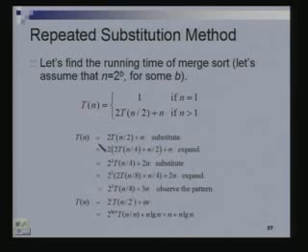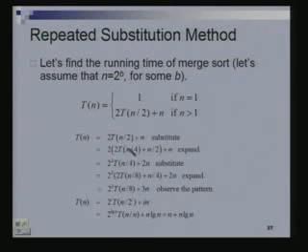So, I get T of n equals 2 times T of n by 2 plus n. So, I have substituted once. And now I am replacing this T of n by 2. This is the substitution step. I am replacing this T of n by 2 with 2 times T of n by 4 plus n by 2. Why n by 2? Because this is T of n by 2.